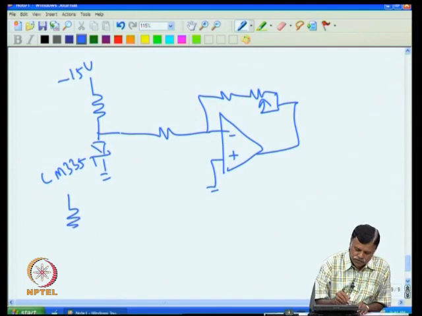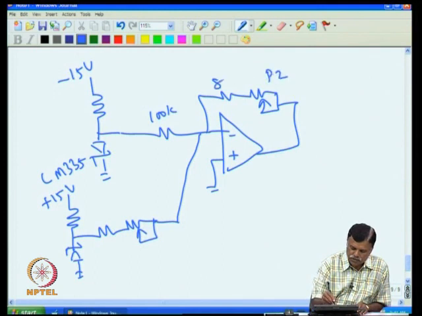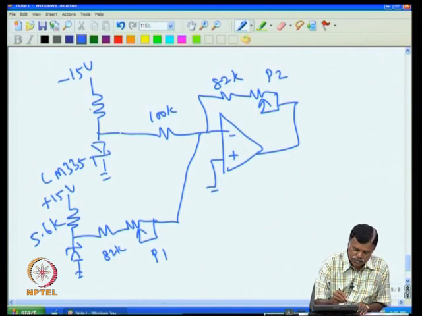Then for the reference ZNR 2.5 volt, I will put plus, because when this is minus, this must be plus, then only it will take care of that. So I can have this 100K, and that is P2, and you have 82K, and this is P1, and this is 82K, and this is that 5.6K, and then this is also around 5.6K.